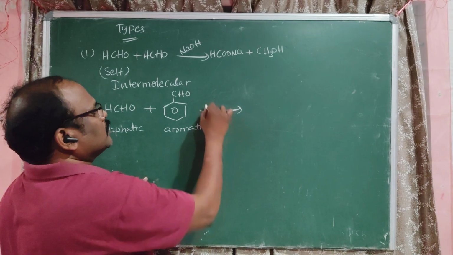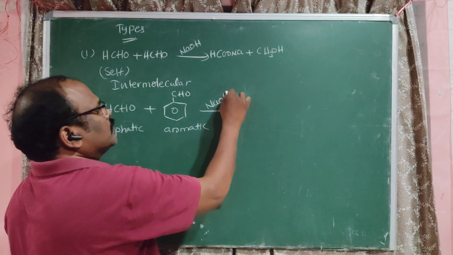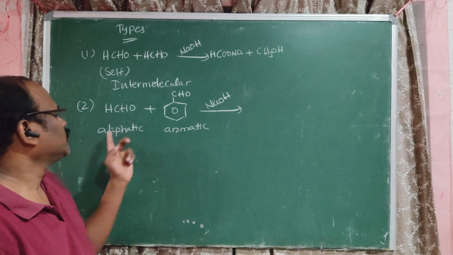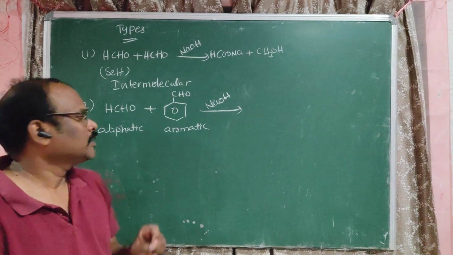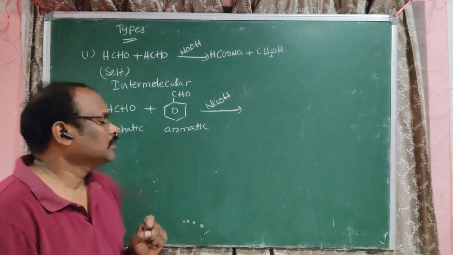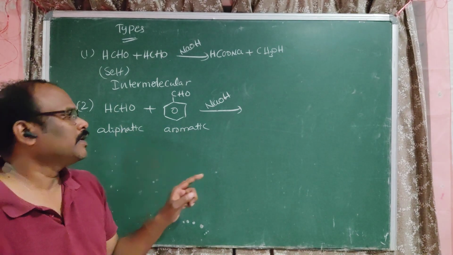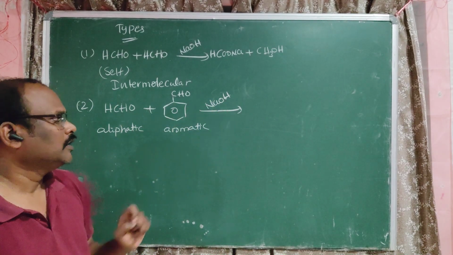Both react together in the presence of concentrated sodium hydroxide. Out of these two aldehydes, which one gets oxidized, benzaldehyde or formaldehyde? It is decided by the attack of the nucleophile.